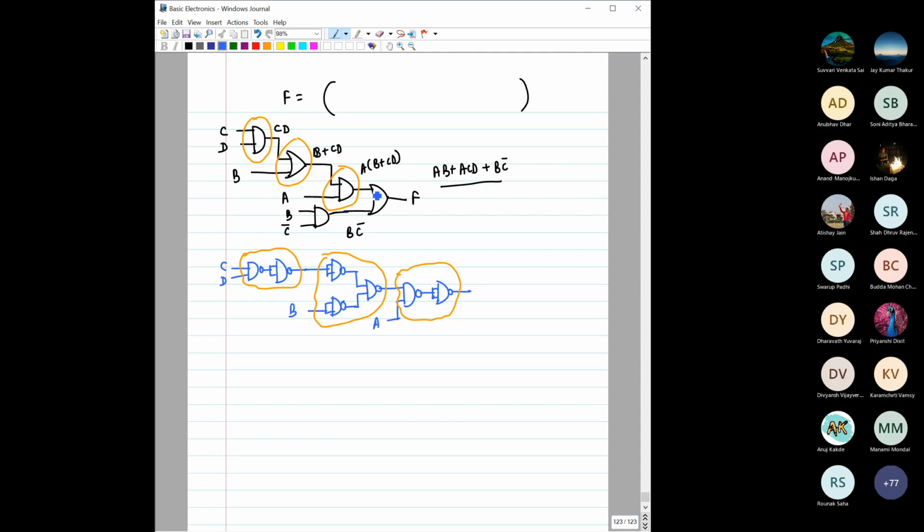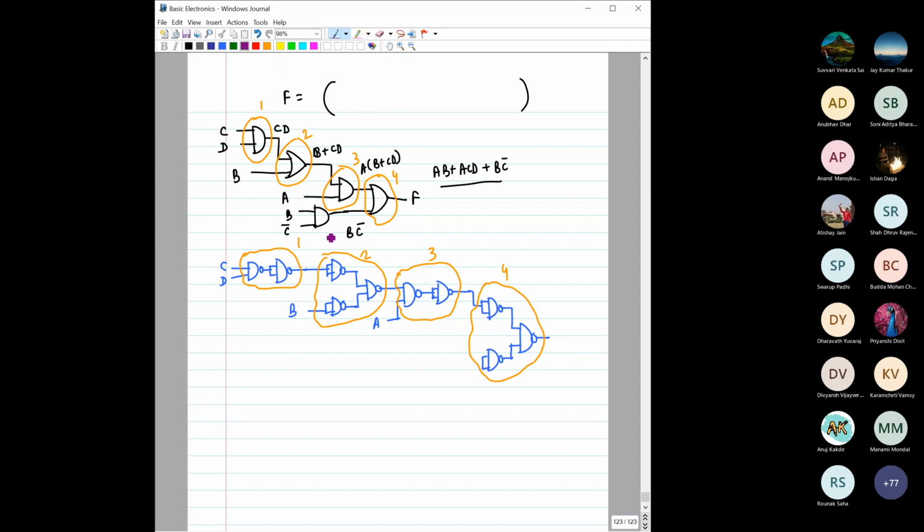Then we have an OR gate, and for the OR gate we know the implementation: this one and this one. So let us number these 1, 2, 3, 4, 1, 2, 3, 4.